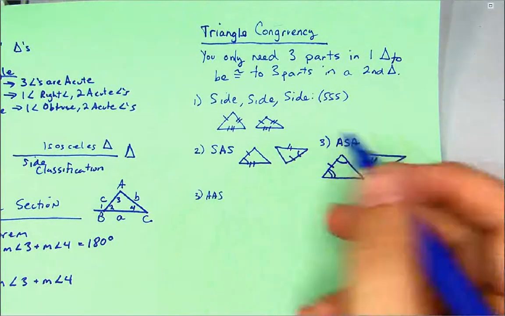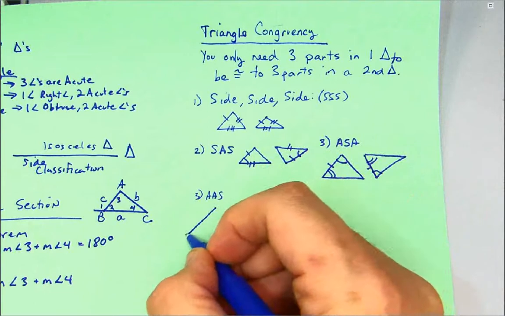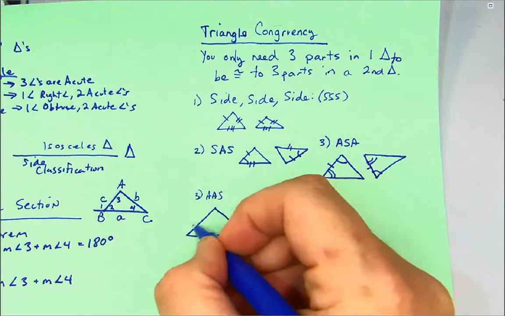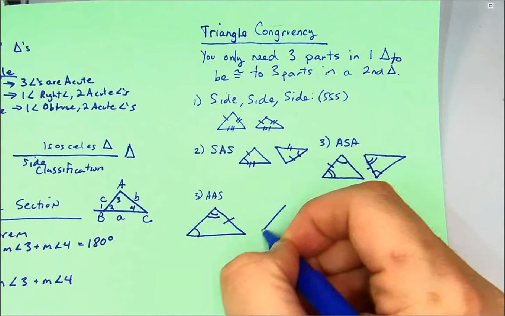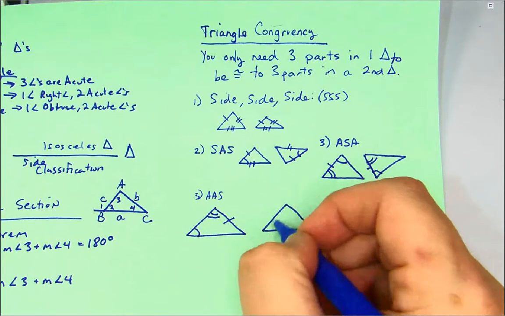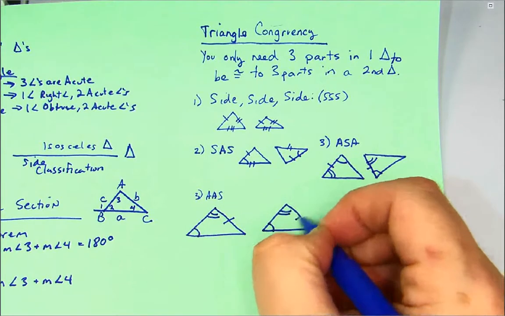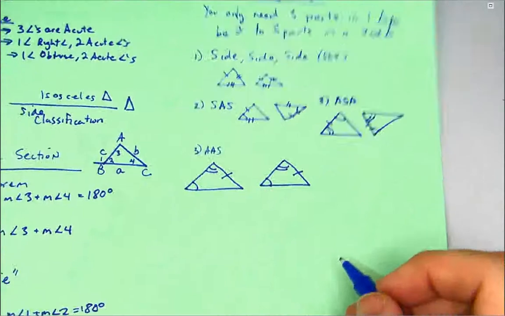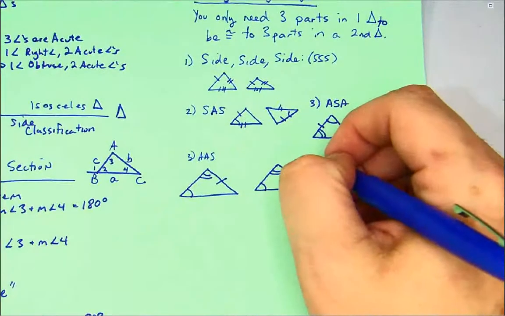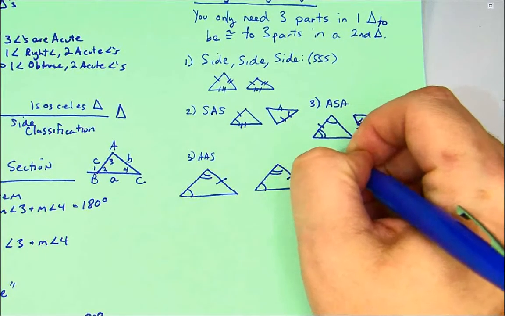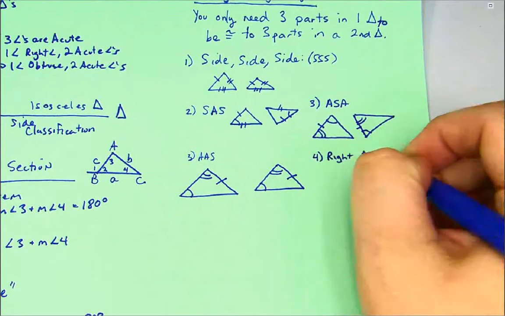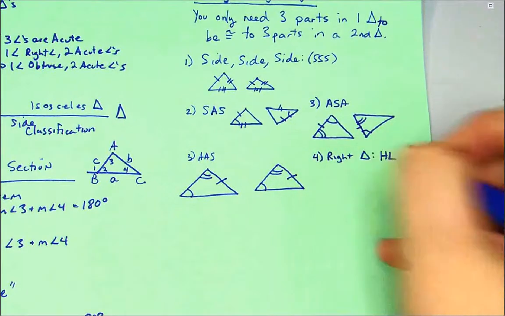Angle, angle, side. And for our right triangle friends, you get something called hypotenuse leg.